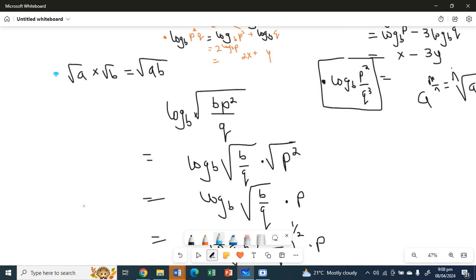All right. So the first thing that we need to do is separate the variables. Since we've got this b p squared over q under one umbrella, first we separate this p squared using this rule. It becomes log base b of the square root of b over q multiplied by the square root of p squared.